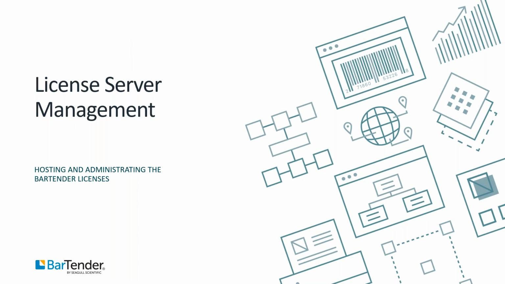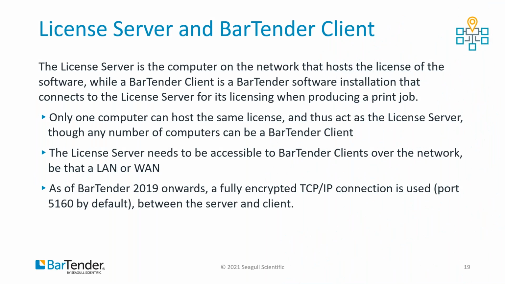Now let's get into license management. So hosting and administrating the BarTender licenses. So first, there's the concept of license server and the BarTender client. The license server is the computer on the network that hosts the license, and you can configure and manage that license via the administration console.